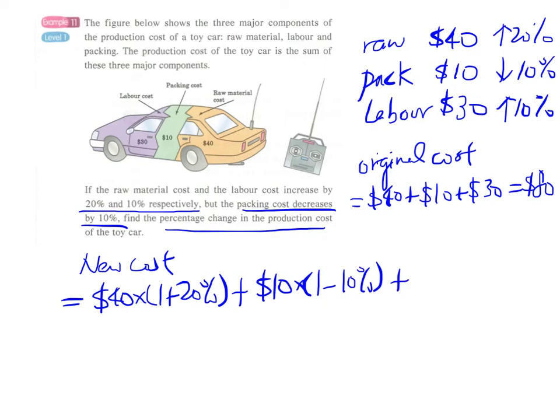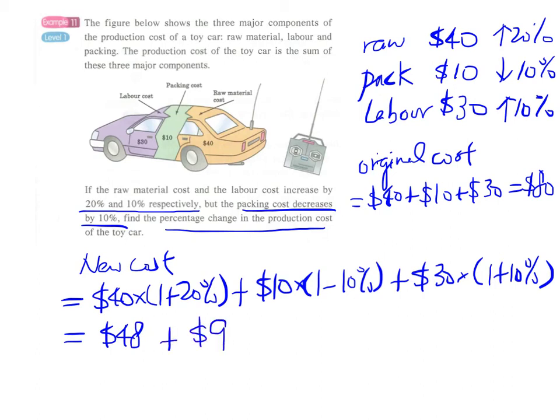And finally, labor cost increased by 10%. We can make use of our calculator. So this will be $48, this will be $9, and the last part will be $33. And the final answer will be $90.